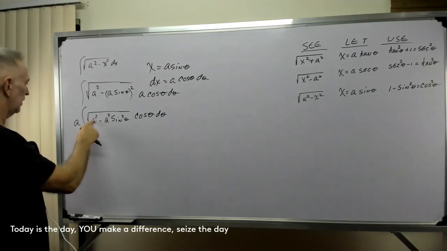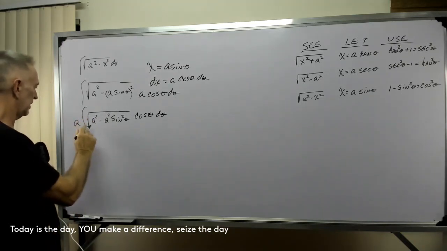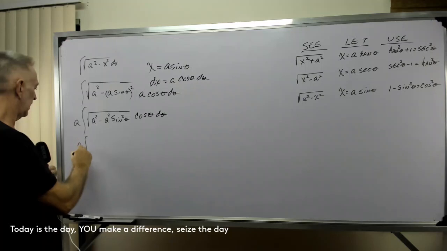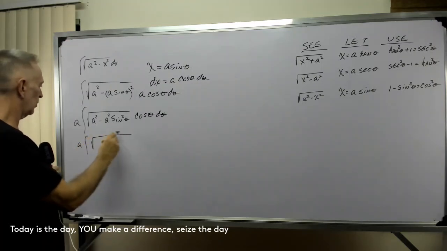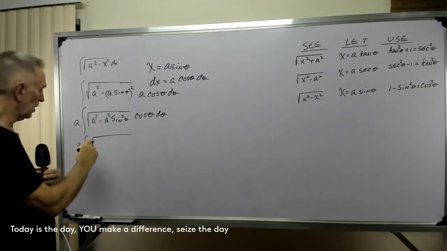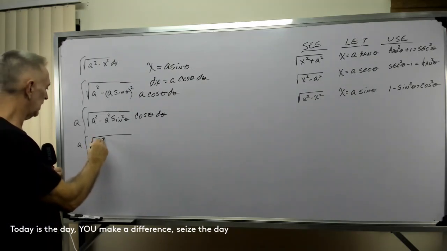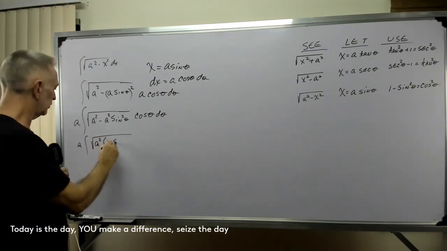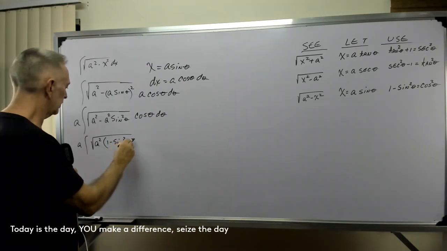All right, so I have a times the integral of the square root. I'm going to factor a squared out. A squared times 1 minus sine squared. Oh, you can see how it's shaping up.